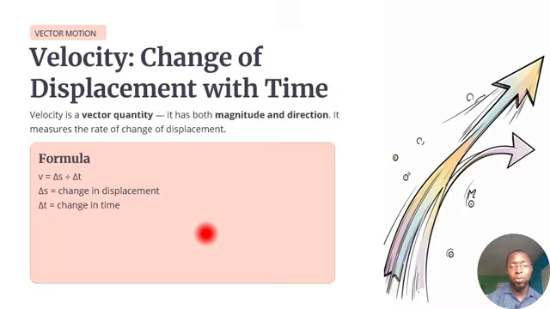The differences between them are that speed is a scalar quantity, while velocity is a vector quantity. And the last difference is the definition: speed is the time rate of change of distance, while velocity is the time rate of change of displacement. All right.